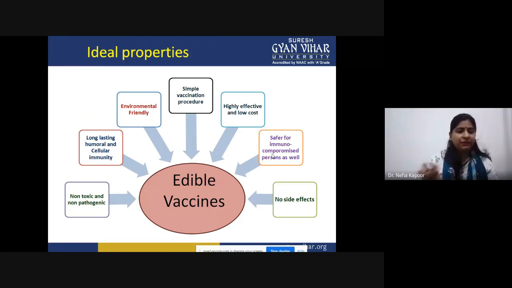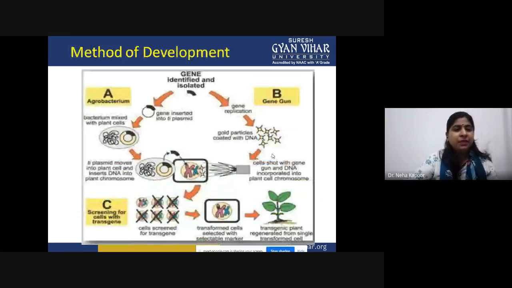This is a method of development actually. If you want to develop some edible vaccine, for example, suppose this is the gene identified and isolated of a particular infectious agent. In that case, the gene would be replicated. There can be two ways. Gene would be replicated. You coat that DNA with gold particles. Then by using the particle gun delivery method, these gold coated DNA particles are shot onto the plant cell.